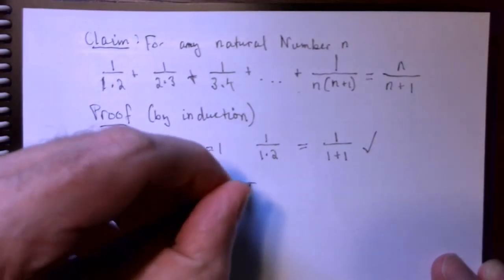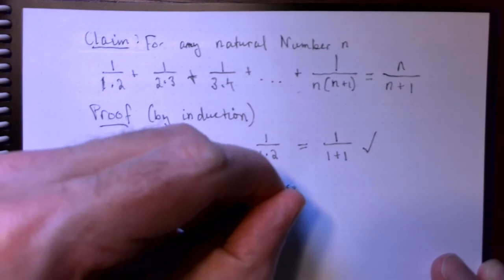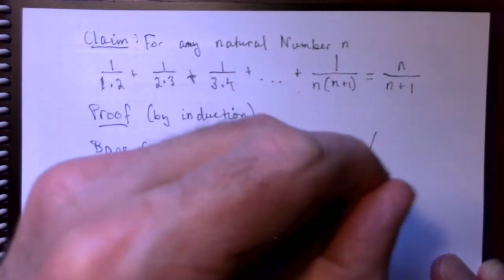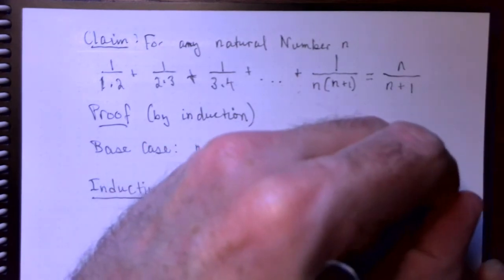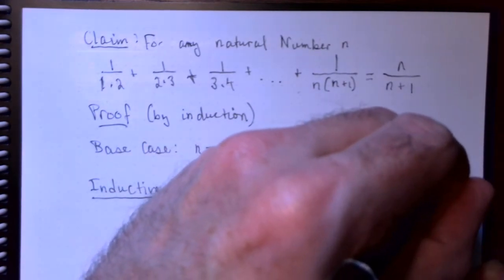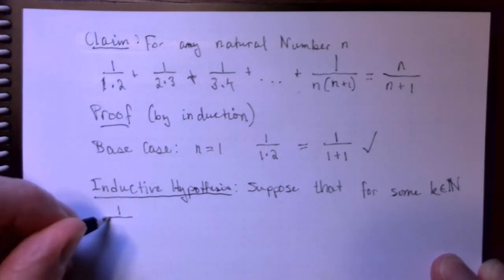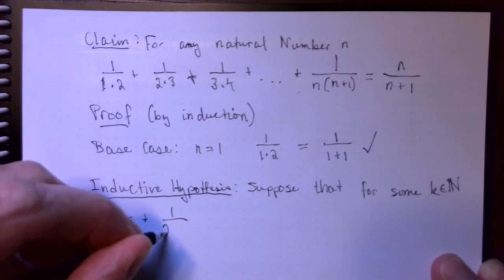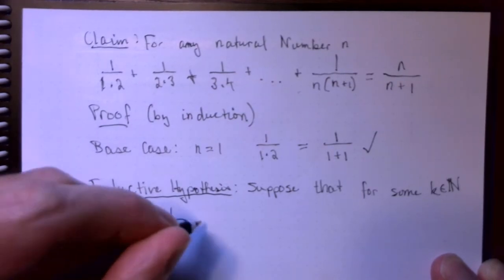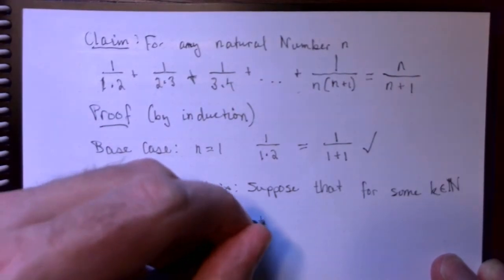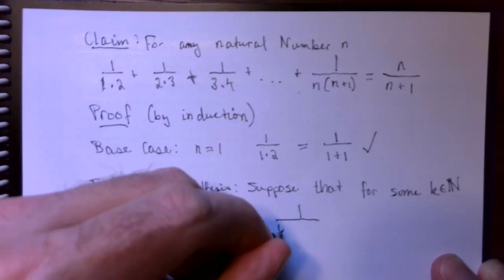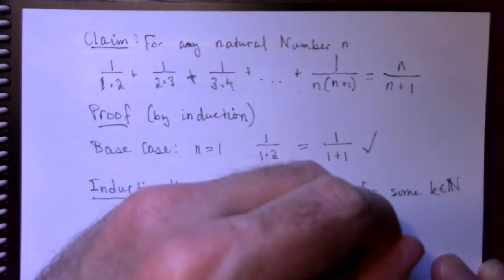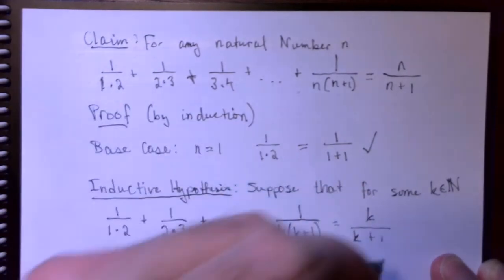Now, our inductive hypothesis is to suppose that for some natural number k, this expression is equal to k over k plus 1.